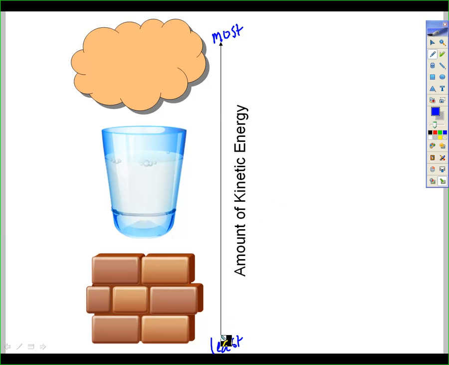We could even do a scale, like this is 0 joules, maybe this is 100 joules, and this is 1,000 joules. We're just making up those numbers. They're totally random.